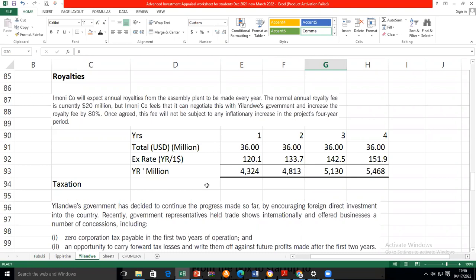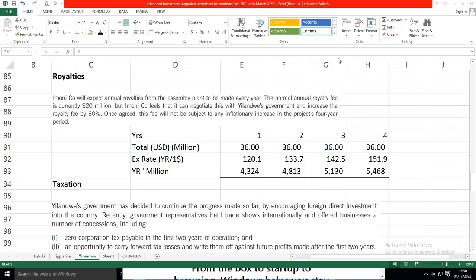So here, who is paying this fee of 20% later on, which will be increased by 80%? Remember we are evaluating this project. So this project will have an expense.